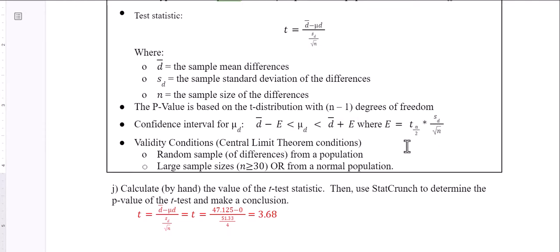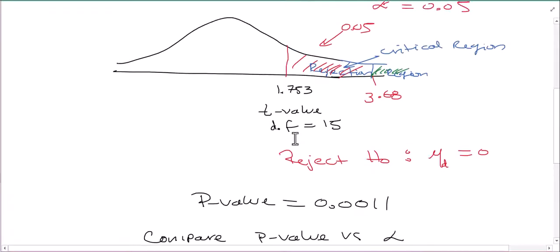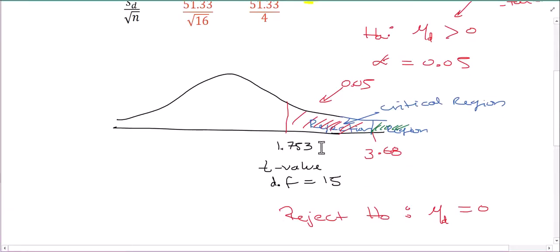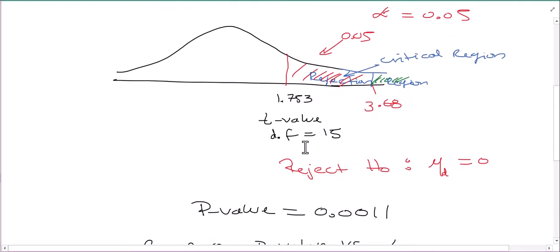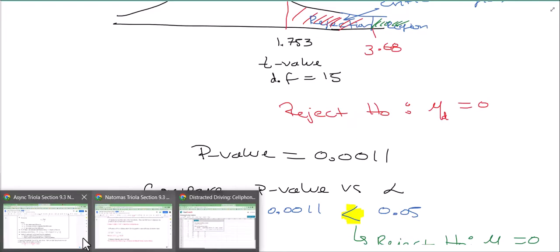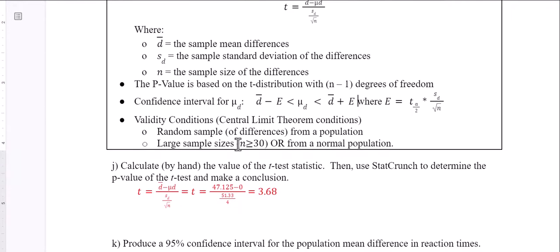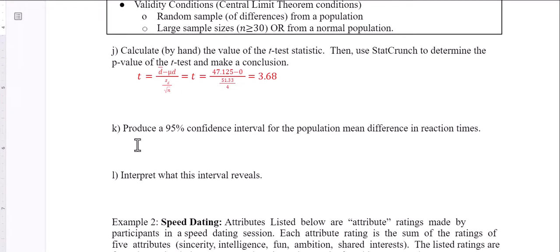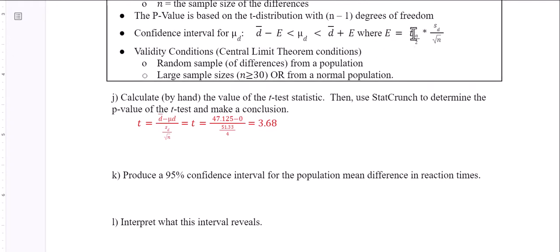And this t sub alpha over 2 is the one that we already found, the critical value, so the 1.753. If you wanted to do it by hand, we can use StatCrunch and get to it a lot sooner. But just in case you don't like StatCrunch or you prefer to do things by hand, this will be the calculation.